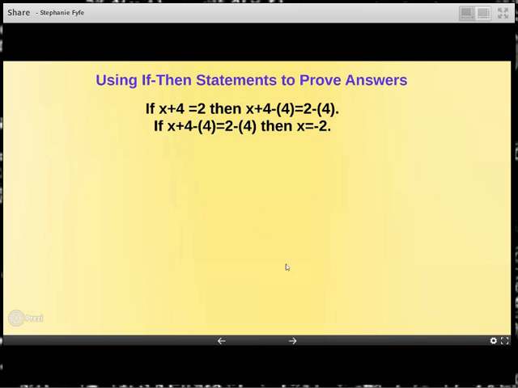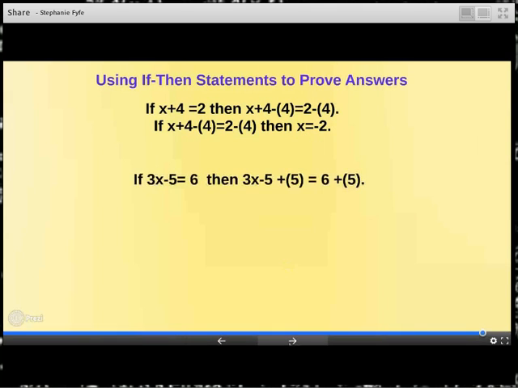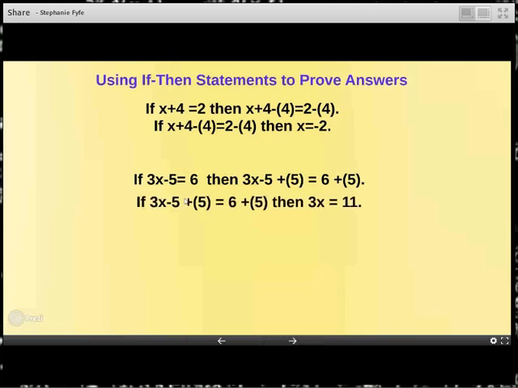Now let's try that with something a little bit more complicated. If 3x minus 5 equals 6, then we can add 5 to both sides. Since we added the 5 to both sides, we can compute it out and know that 3x equals 11.